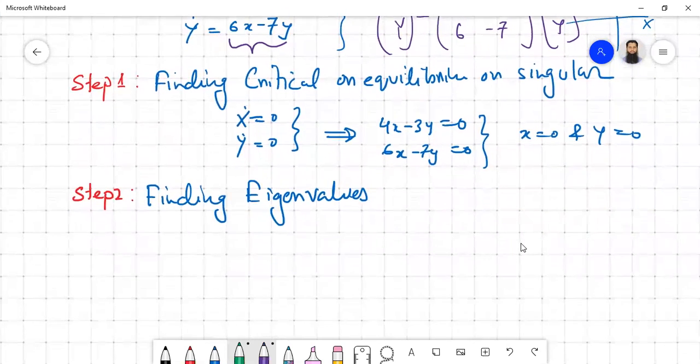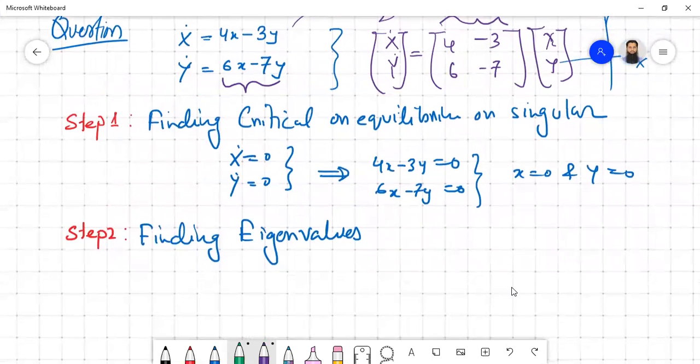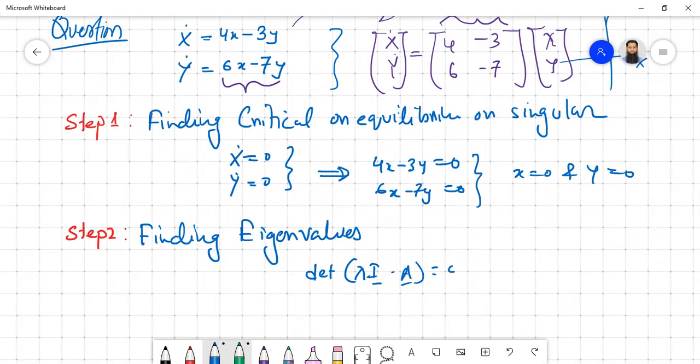The property that we have to follow to find the eigenvalues is that the determinant of lambda I minus A has to be equal to 0. We know lambda I is lambda 0, 0, lambda, the identity matrix multiplied by lambda. Then we have the system matrix, 4, minus 3, 6, minus 7.